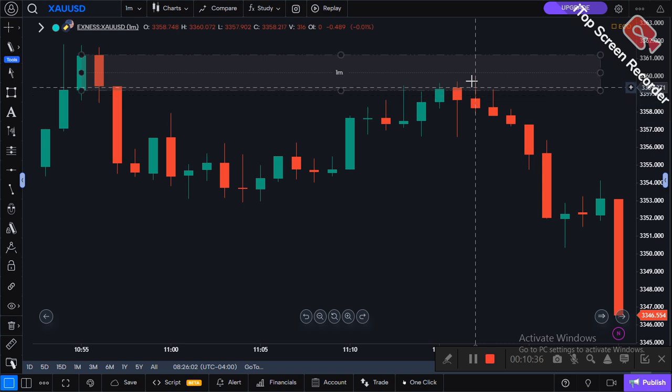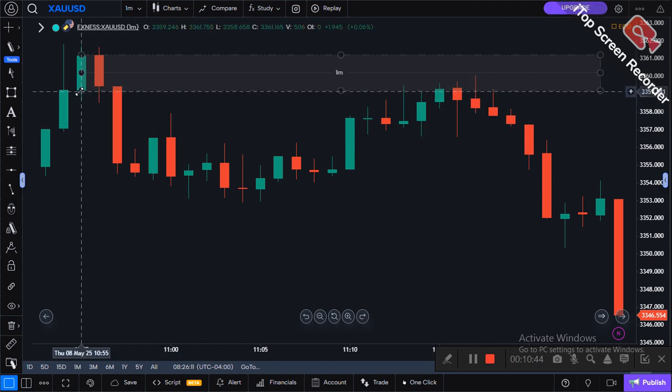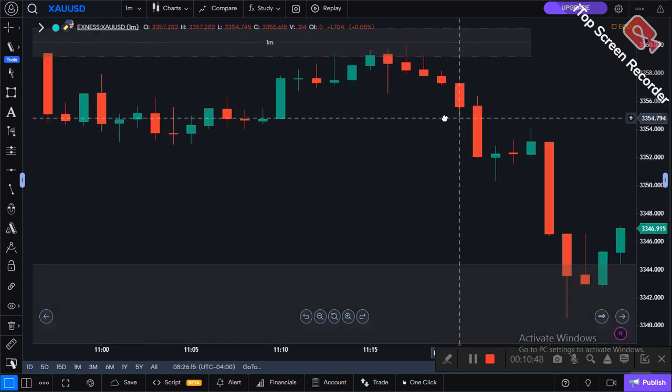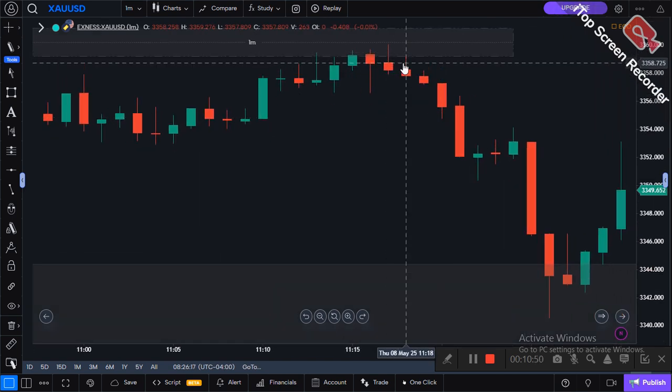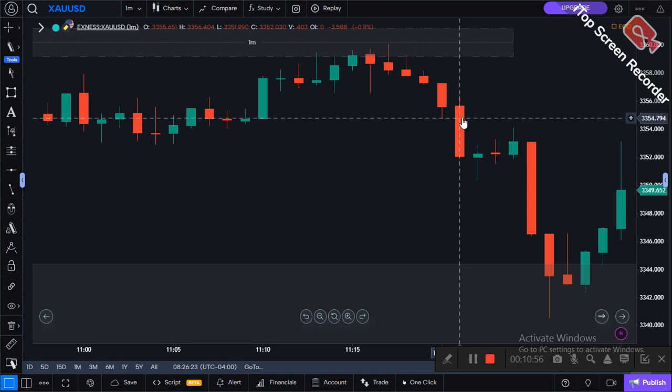So enter at the midpoint of this rejection block, and also the opening of this candle is the perfect entry for you. What I call this is a sniper entry. Sniper entry. There we go.